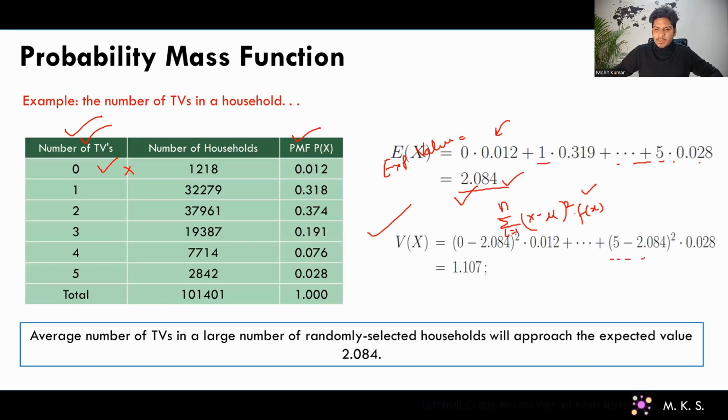Similarly, you will keep on calculating this, and finally sum the values of all of these. You will find the variance, which comes to 1.107, right? Standard deviation will be the square root of 1.107, which you can calculate using a calculator. So now if you find any data in the real world, you will be able to calculate the expected value, variance, and standard deviation of that particular data set, guys, right?